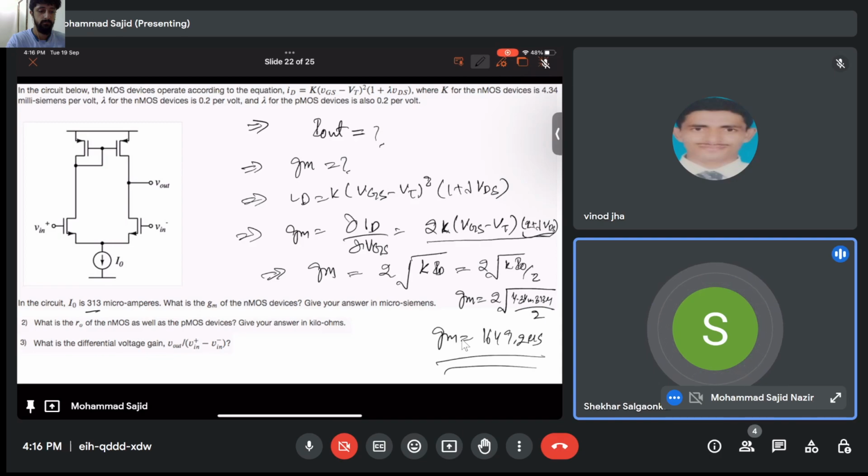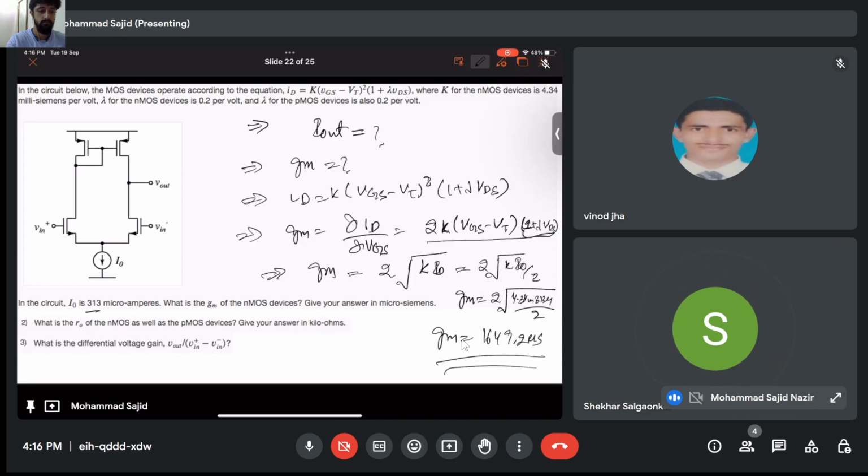May I ask you something, sir? Yeah, please. This 1 plus lambda by VDS, you have not considered in the GM calculation? Yes, I have considered it, but since I don't know the value of VDS, the next way is to calculate from the current formula. That is this one, right?